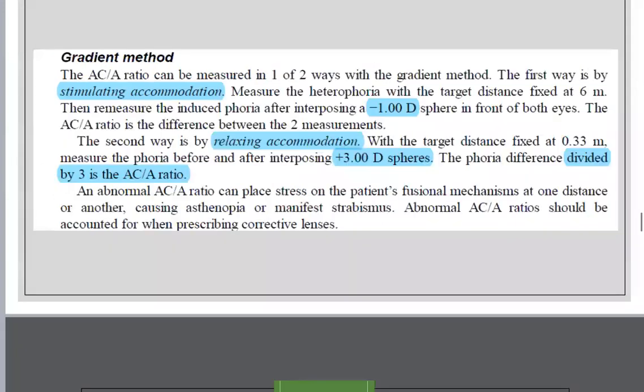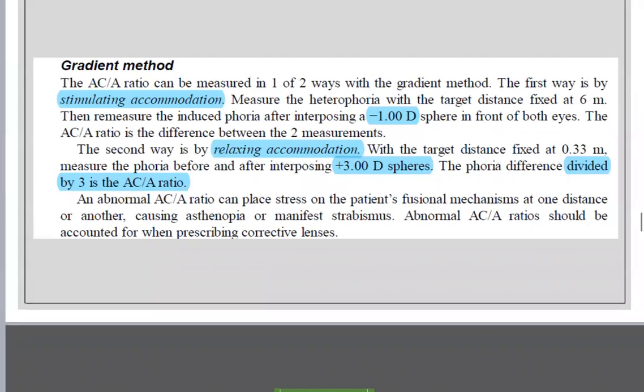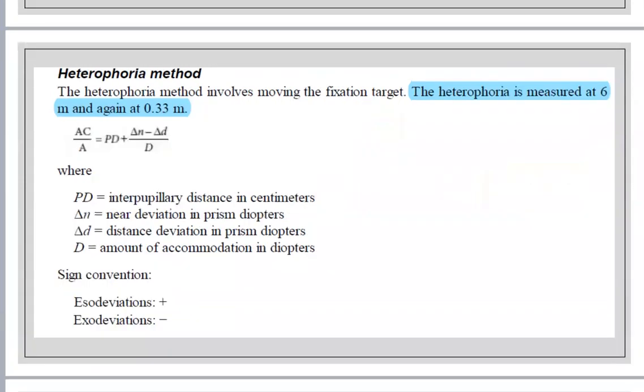The gradient method, here it is different in eliciting the AC/A ratio. Actually, in the example in Massachusetts, he doesn't differentiate between the methods of gradient and heterophoria. He is just asking about the pupillary distance, which is neglected in cases of gradient method.